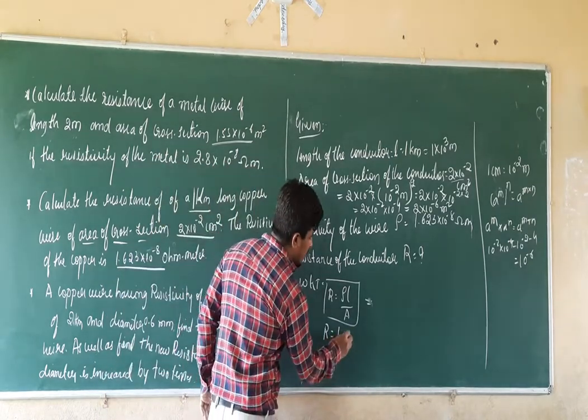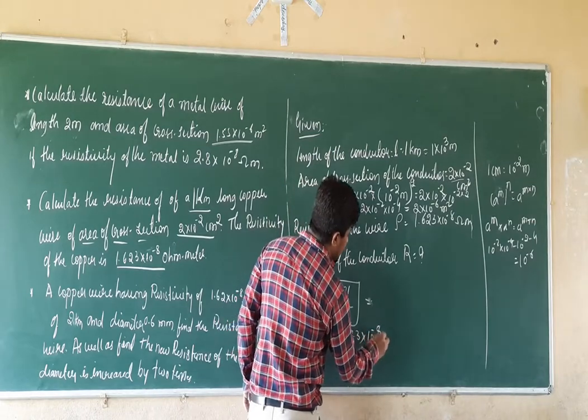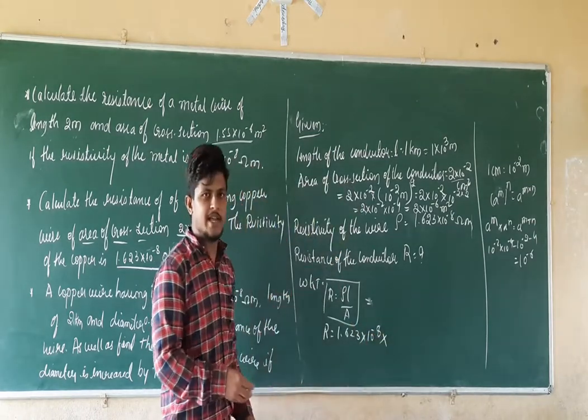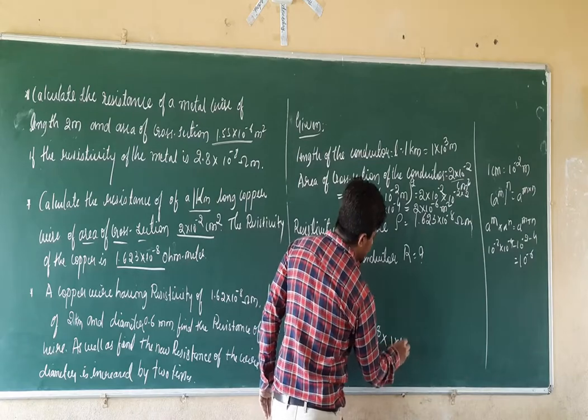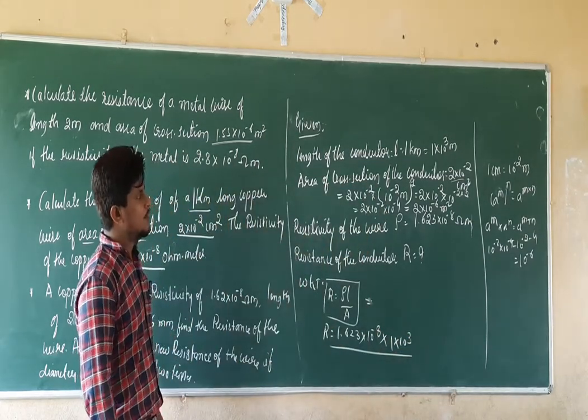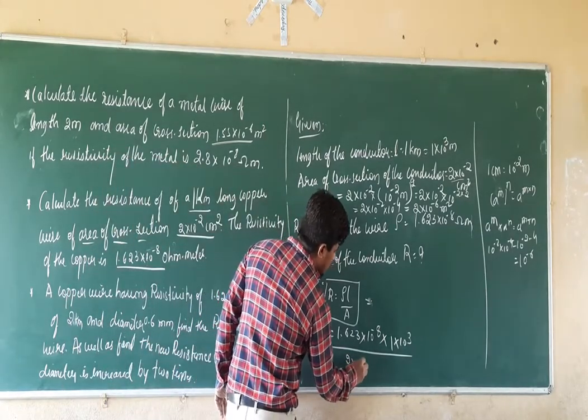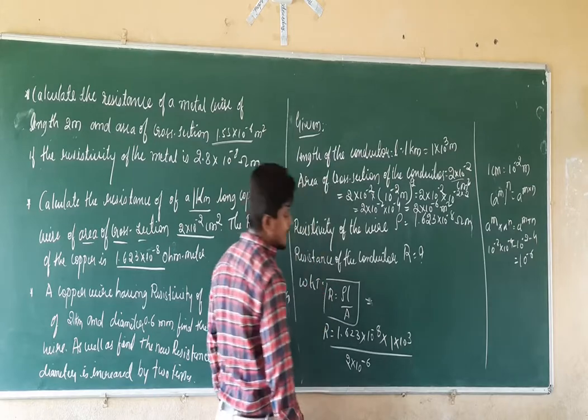Rho is 1.623 into 10 raised to minus 8 into the length of the conductor, 1 into 10 raised to 3, whole divided by the area of cross section, 2 into 10 raised to minus 6.